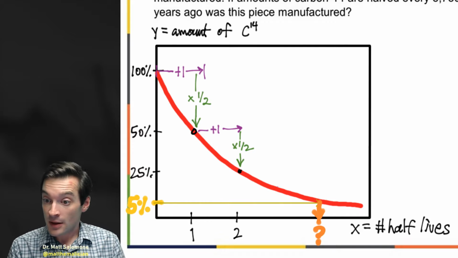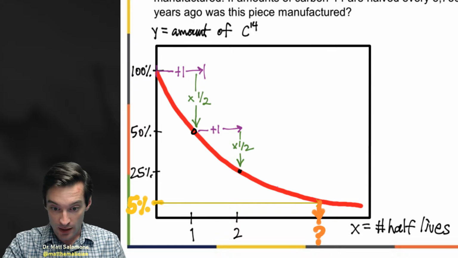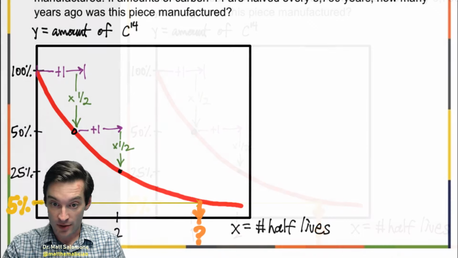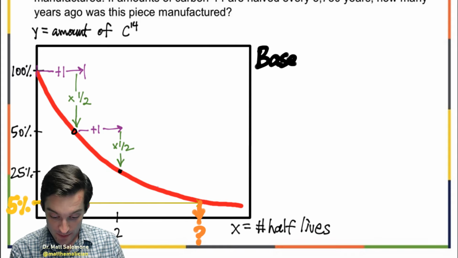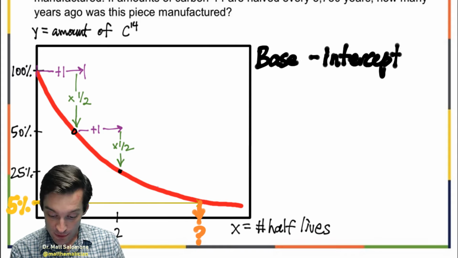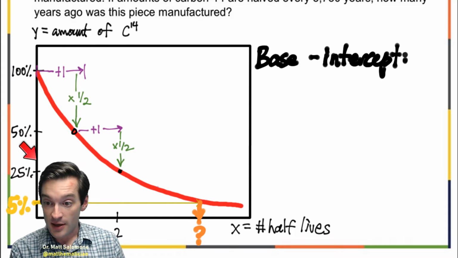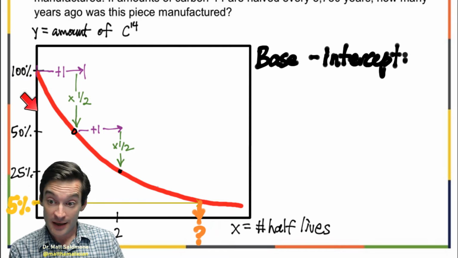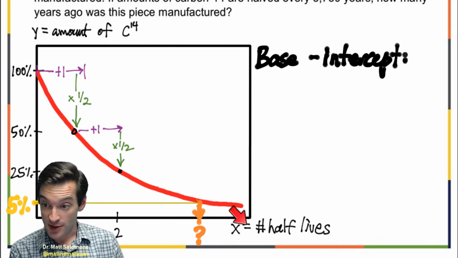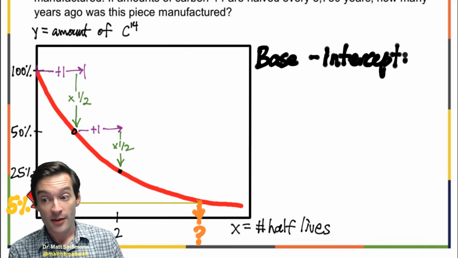And to do that, let's come up with a model, a formula that we can use to model the behavior that we're seeing here. We can do this using what we talked about in our last live stream, which is the base-intercept formulation, because our graph is already showing us both of those parameters. For instance, the intercept is the value of y when the value of x is equal to 0. In other words, at the original manufacture date of this pottery, 0 half-lives, the amount of carbon-14 was 100%.